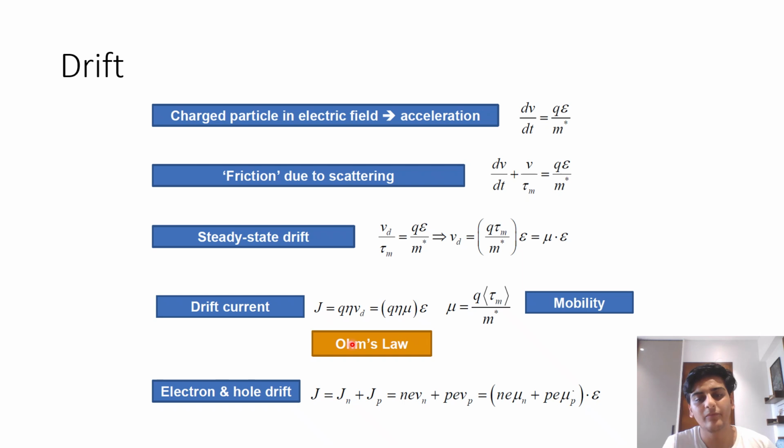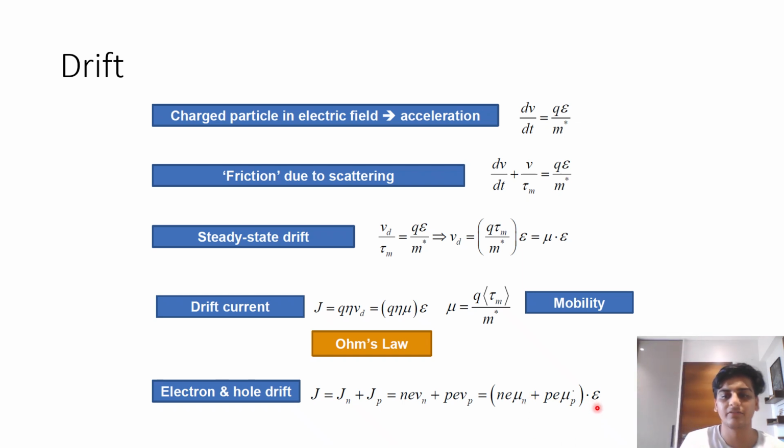The same way that we can write the current due to electrons, we can also write the current due to holes. And finally, this is the expression we get for the net current. All this can be derived directly from Ohm's law. So it depends on the number of electrons, the number of holes, the mobility of electrons, and the mobility of holes.